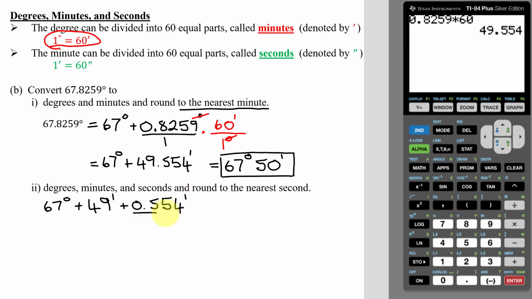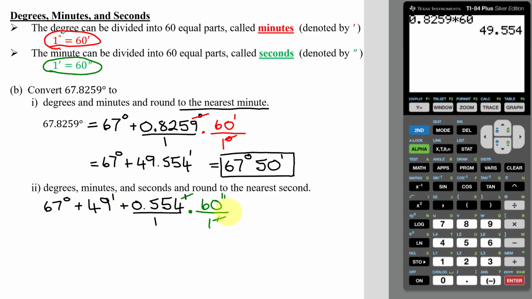And this is what I'm going to have to turn into seconds using this conversion factor here. Since I have minutes in the numerator, I need 1 minute in the denominator and 60 seconds in the numerator. My minutes reduce, and I'm only left with seconds.